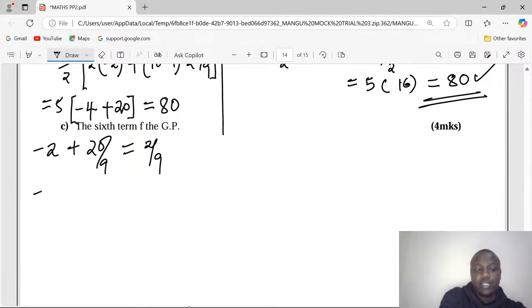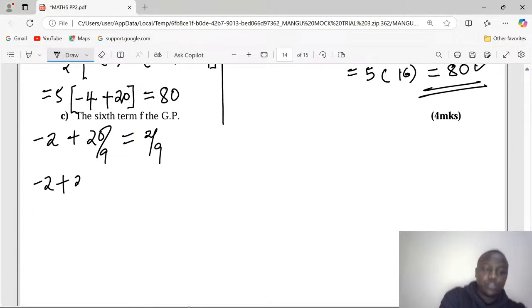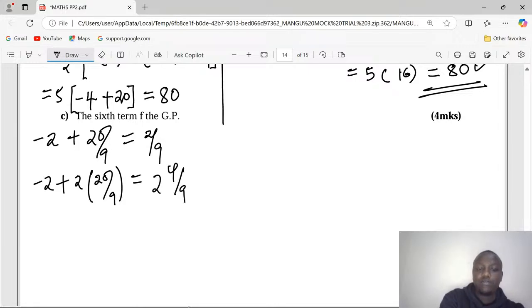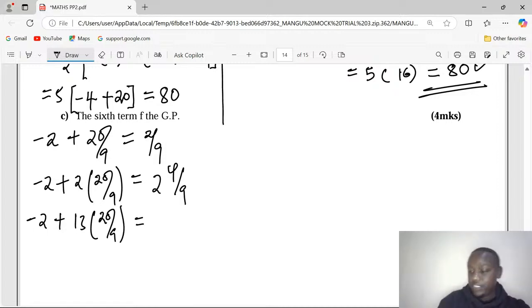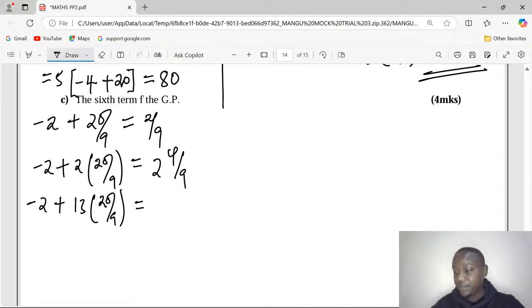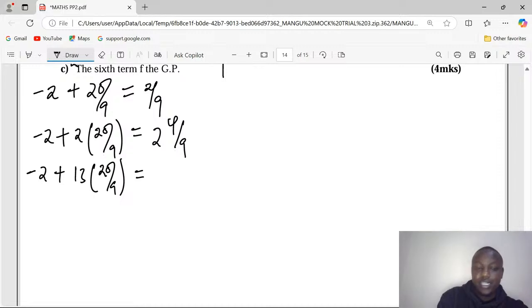Then the other one is negative 2 plus 2 multiplied by 20 over 9, giving us 2 and 4 out of 9. And the third one is negative 2 plus 13 into 20 over 9. This is going to give us exactly 26 and 8 over 9.